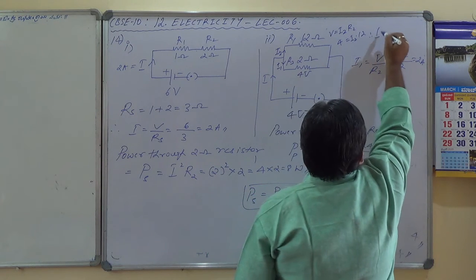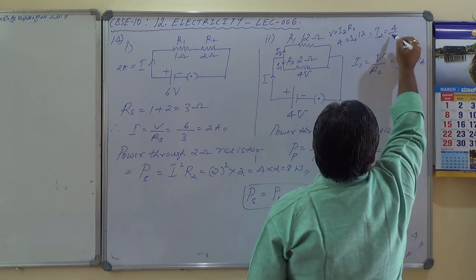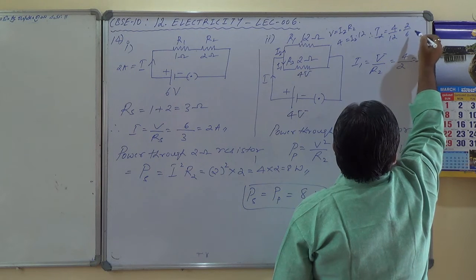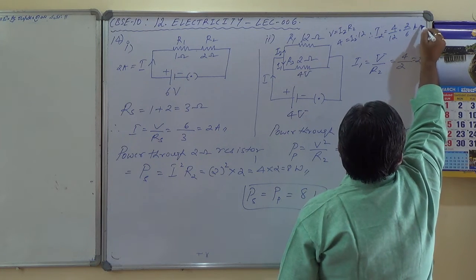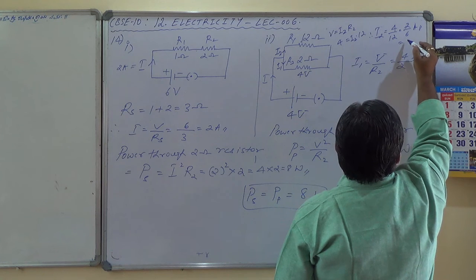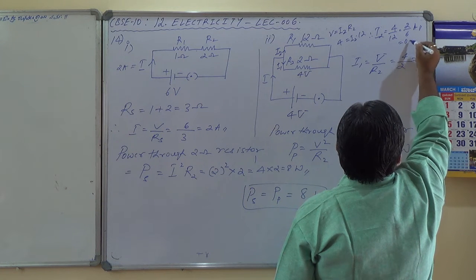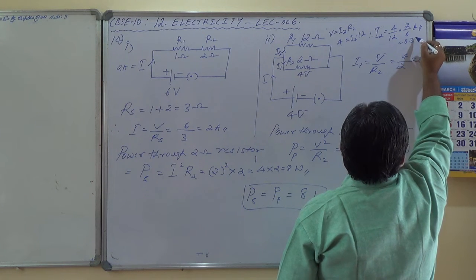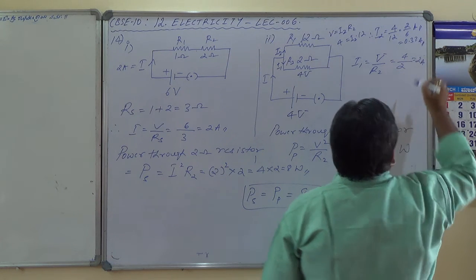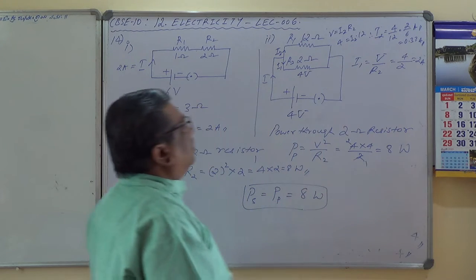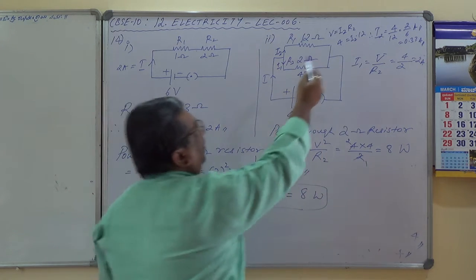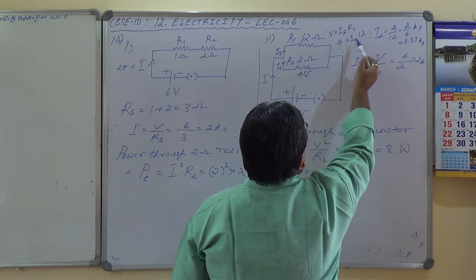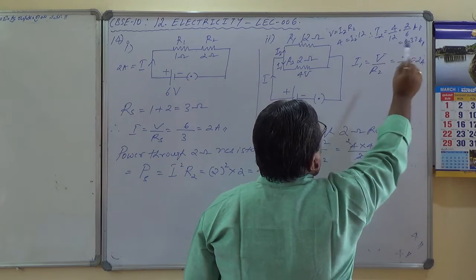Therefore, I2 equals 4 divided by 12, which equals 2 divided by 6, or 0.33 amps. Is it correct or not? V equals I into R, I2 into R2, I2 equals 4 by 12, which is correct.